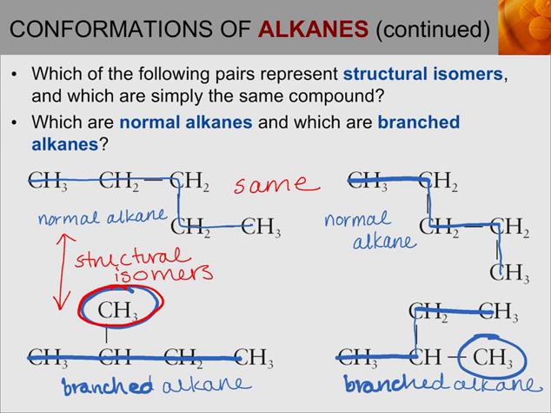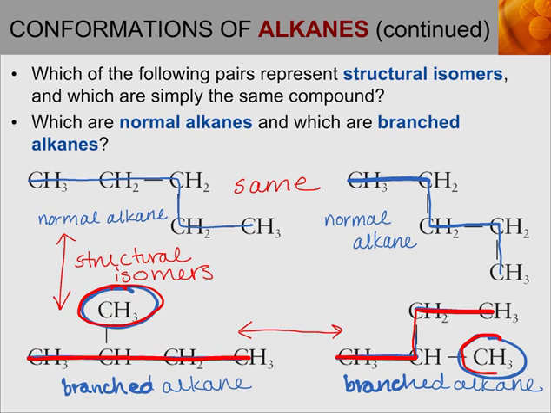All right, and then let's look at the two bottom structures. Are those the same? Yes, they are the same. Notice that we were able to draw a line through 4 carbons on the first one, and we were able to do the same on the second one. That was just in a slightly different conformation where there was rotation around one of the bonds.